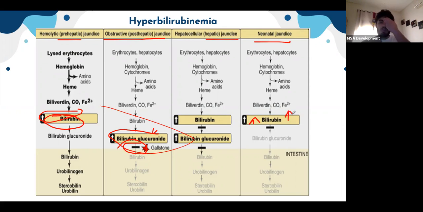So when we talk about Crigler-Najjar or Gilbert, we're talking about an increase in unconjugated due to the deficiency in the UDP enzyme here. Here's the only place we talk about increased conjugated. Here we talk about both unconjugated and conjugated.